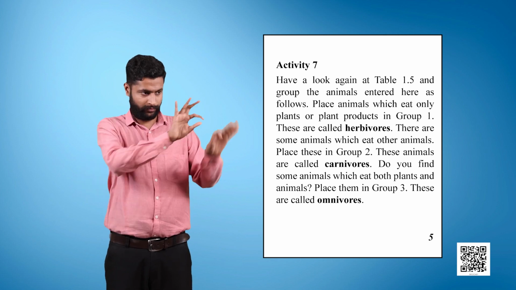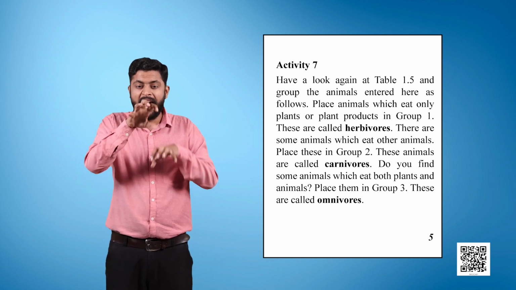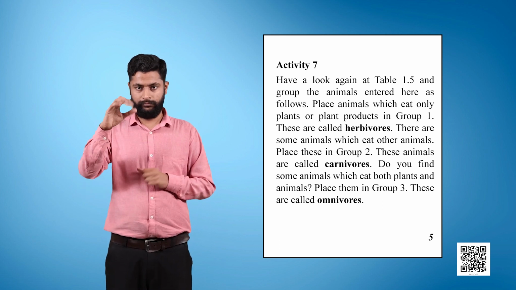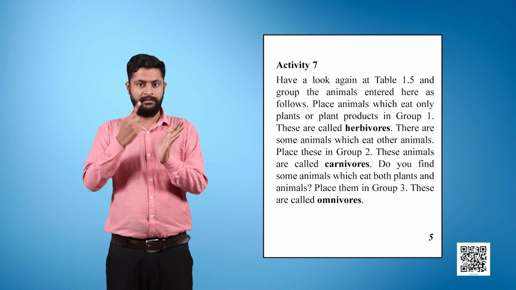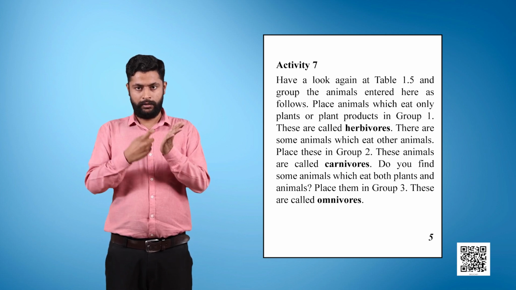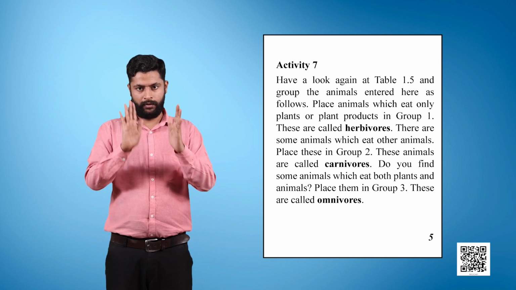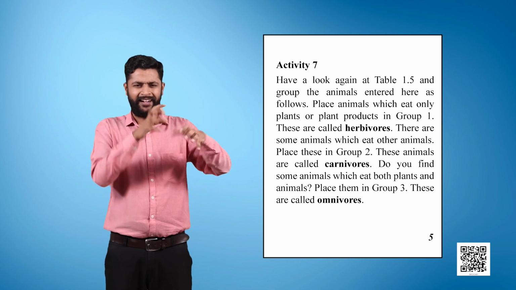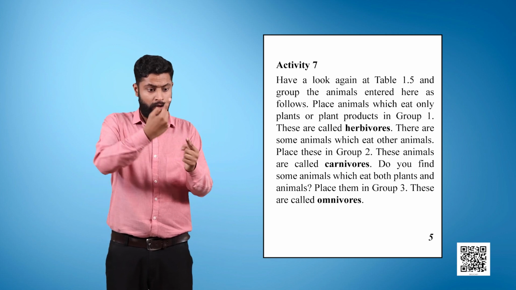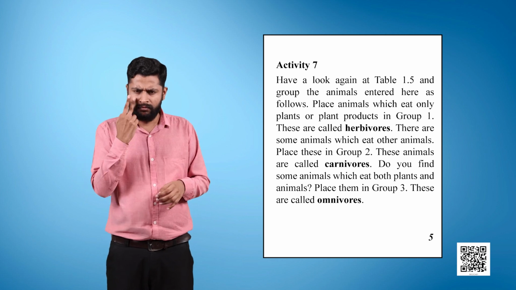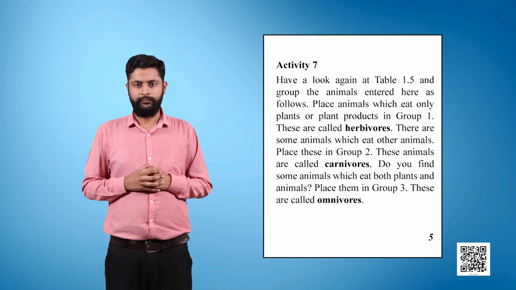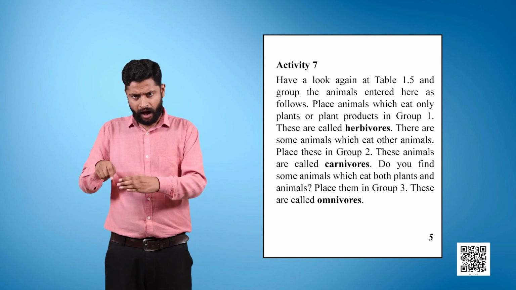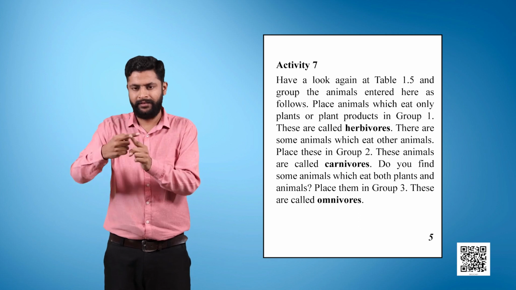There are some animals which eat other animals. Place these in group 2. These animals are called carnivores. Do you find some animals which eat both plants and animals? Place them in group 3. These are called omnivores.